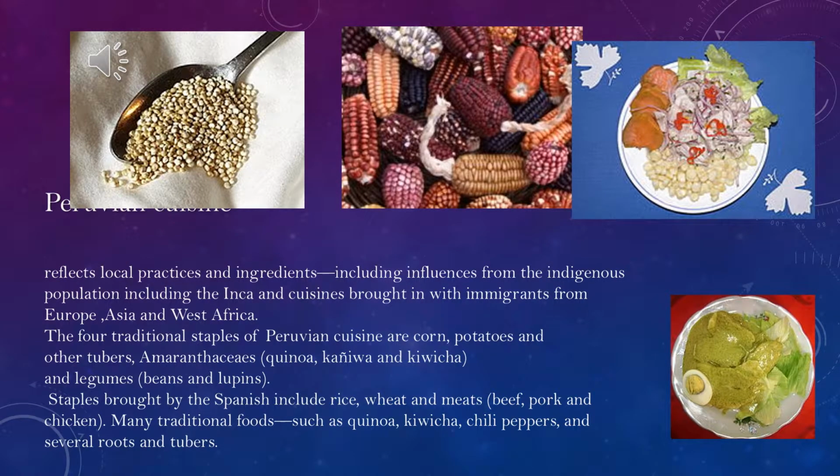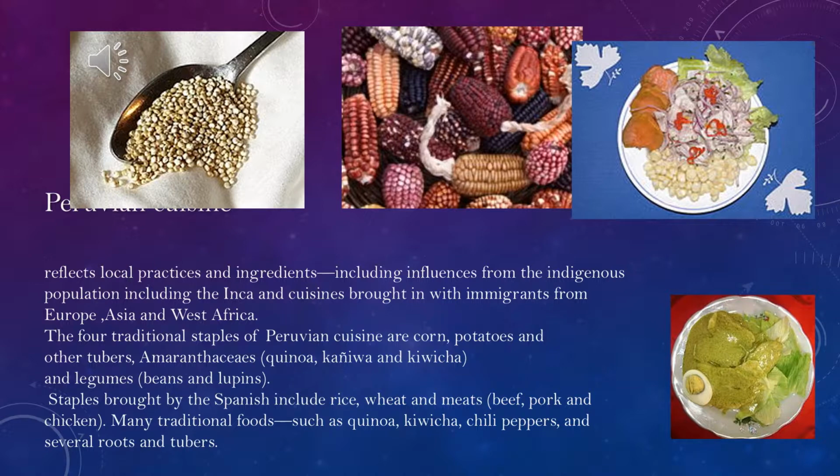Talking about Peruvian cuisine, it reflects local practices and ingredients including influences from the indigenous population, including the Inca, and cuisines brought in with immigrants from Europe, like Spanish, Italian, and German cuisine, from Asia, like Chinese and Japanese cuisine, and West Africa.